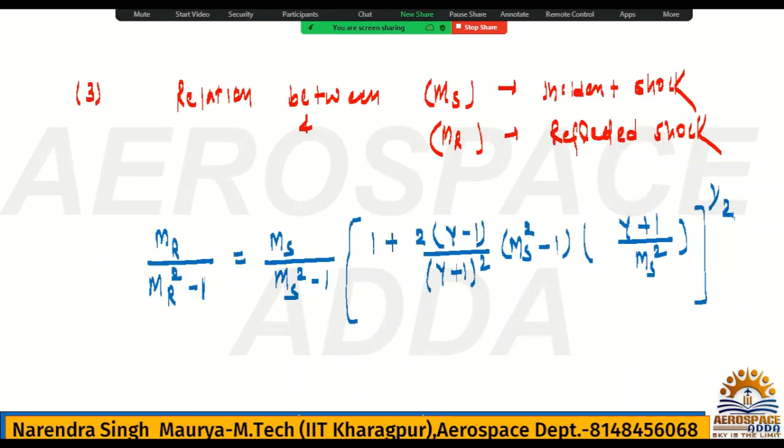It's a long derivation, so I'm not going to do it, but you can remember it or keep this formula. I'm sure they will not ask such a complicated problem, but we cannot say anything about the exam. So if you know this formula and it is required, you use it. This will give the relation between Ms and Mr. This is the derived formula, directly I am giving it to you. It's simple only.